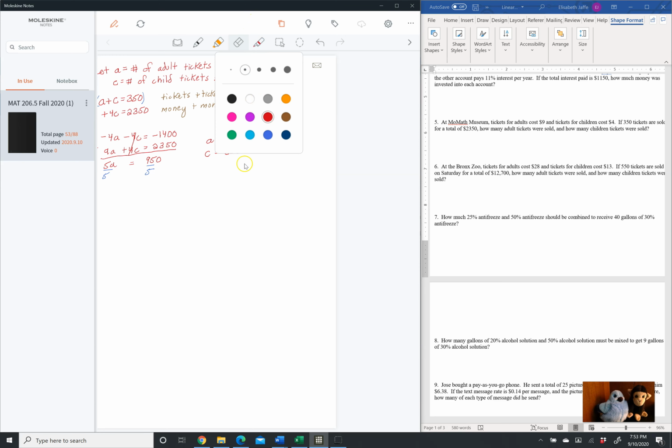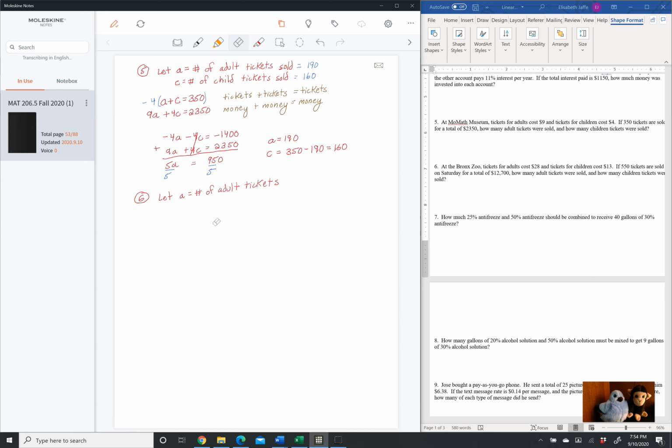So we're going to set up our equations again. So we'll say let A equal the number of adult tickets again. We'll say let C equal the number of child tickets. So notice we're not using X and Y. That's absolutely fine.